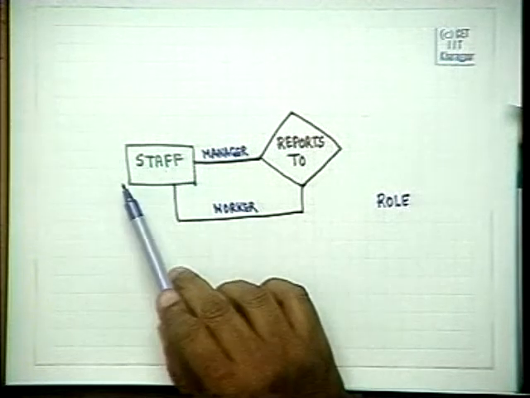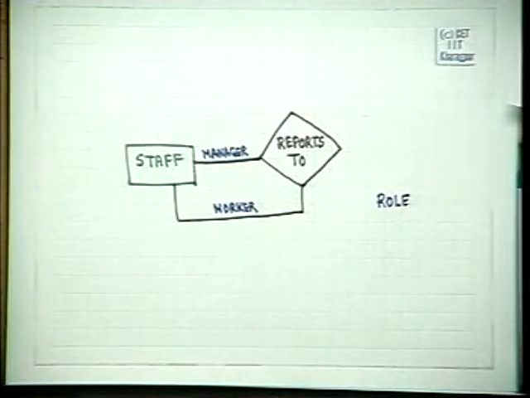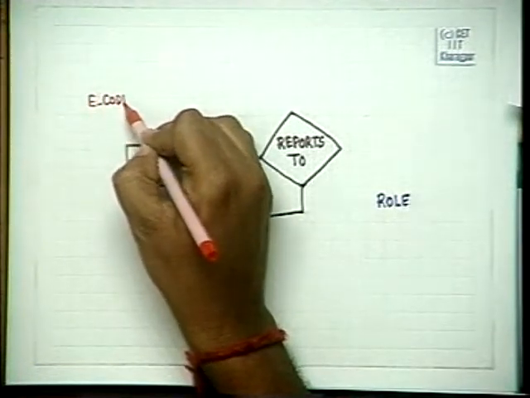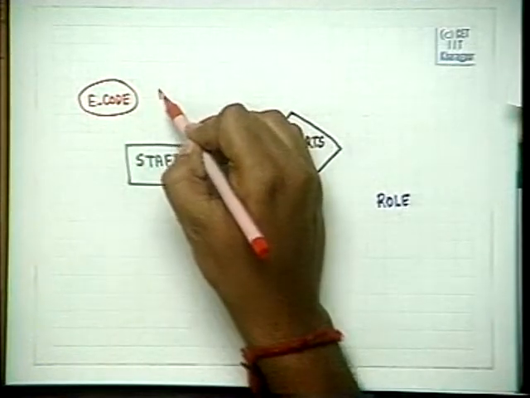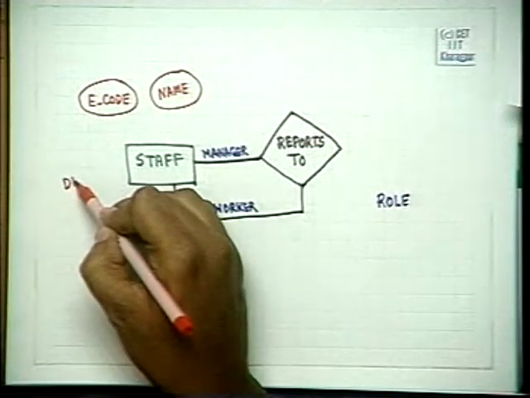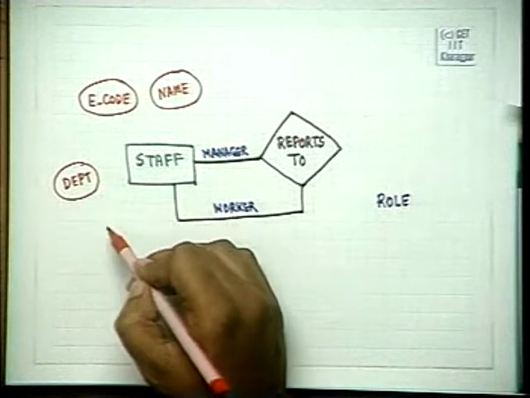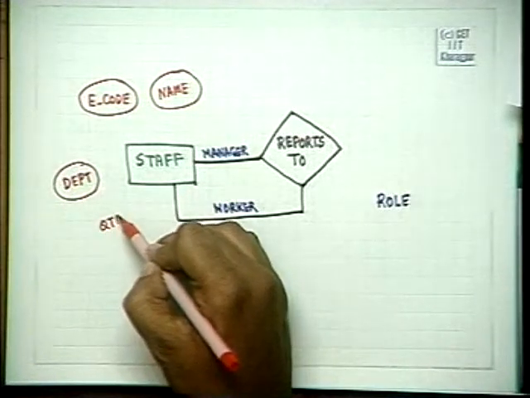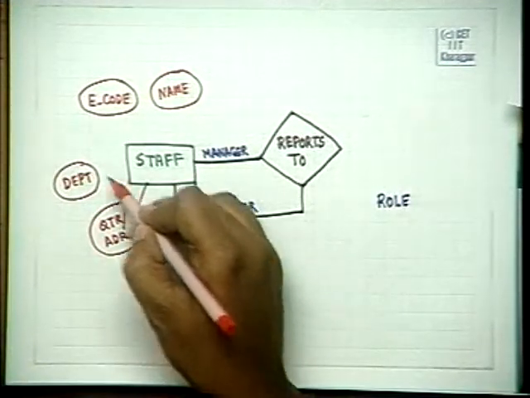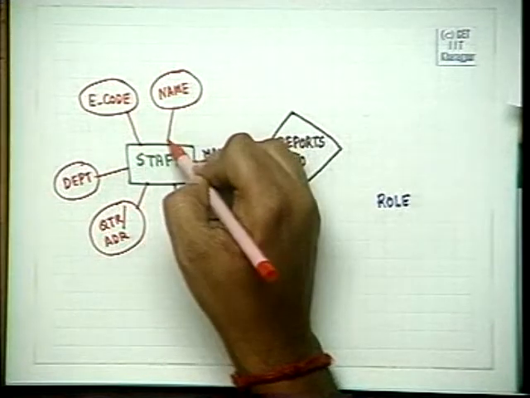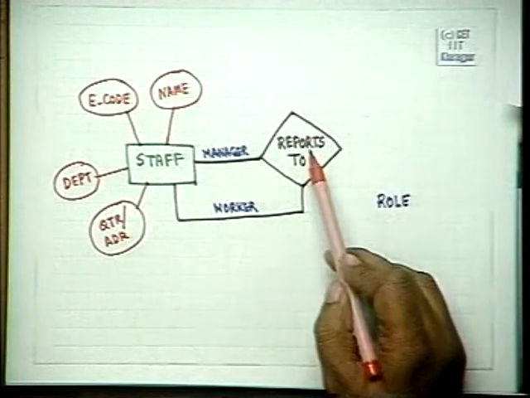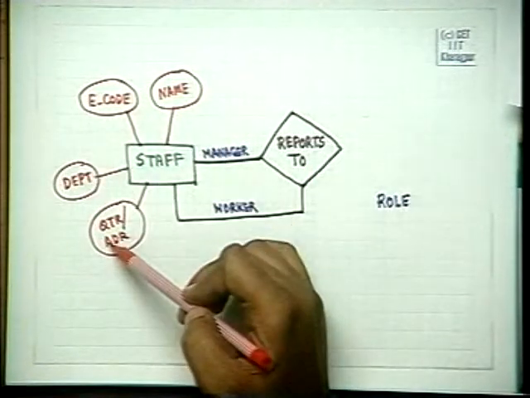Now if staff has got attributes employee code, name, department and address, then this reports to will have 4 plus 4, 8 attributes.